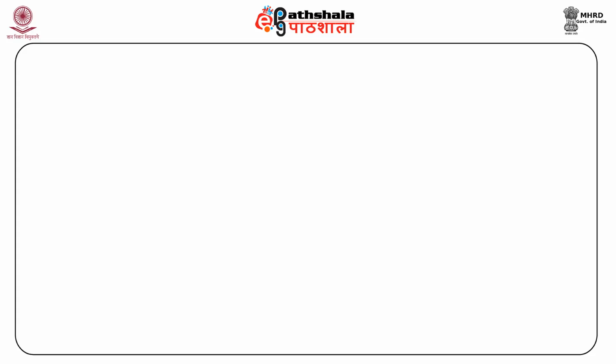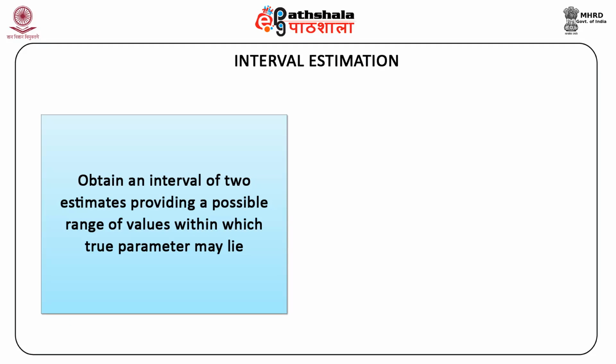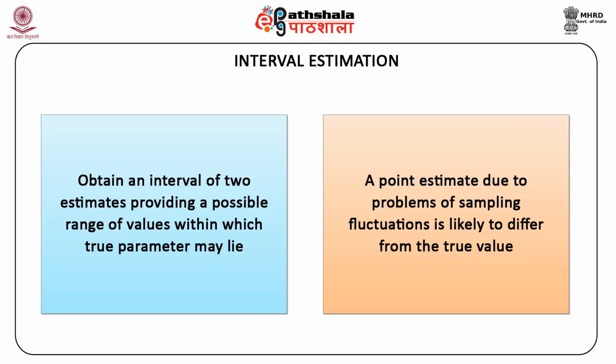Moving next to interval estimation, instead of obtaining a single estimate of the parameters, we can obtain an interval of two estimates, providing a possible range of values within which the true parameter may lie. A point estimate, due to problems of sampling fluctuations, is likely to differ from the true value.